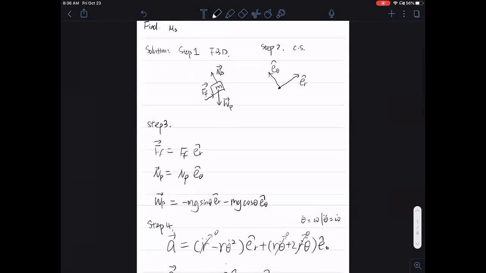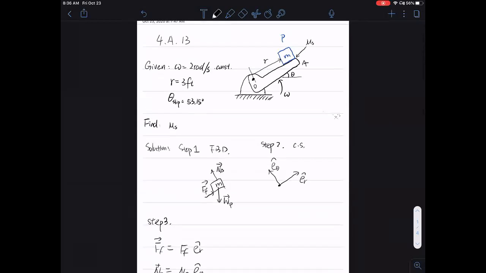But the tricky part is if you can identify that it would be easier to use a polar coordinate system to describe the acceleration of that block P. So far we have had the path coordinate system and the polar coordinate system, right? That tells you that in this chapter, you're going to use different coordinate systems to find accelerations. Okay, any questions about this example?